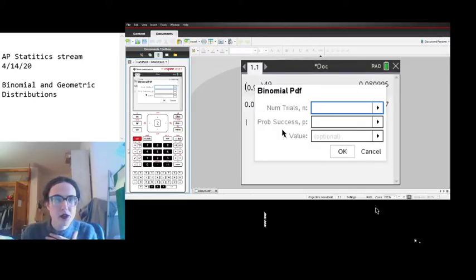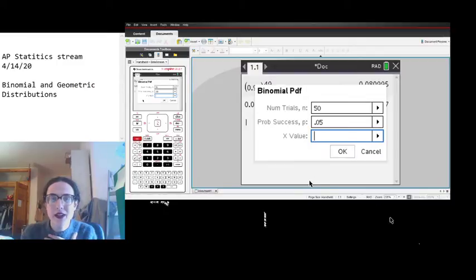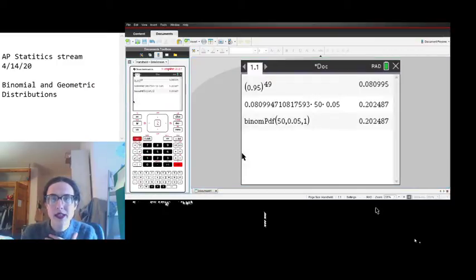Our number of trials is 50, right? There's 50 people. Probability of success is, again, funny term to use here of success. And then our X value, we said, is 1. Enter, and bam, there we go. Perfect.